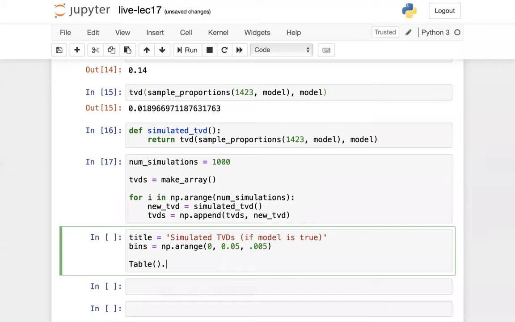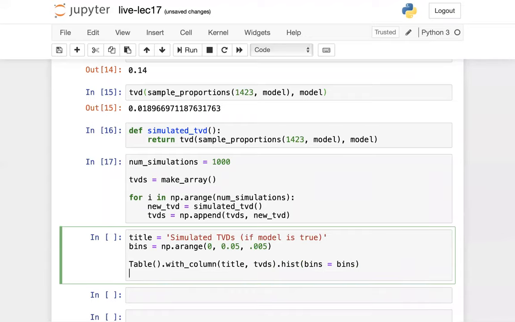In order to make a histogram, we have to first make a table. So I'm just going to make a single table with a single column. The column name is going to be the title, and it's going to contain the TVDs that we simulated. And finally, draw a histogram with bins equal to the bins we just specified. And then just to add the context, we'll also print out the observed TVD, the observed difference of our jury panel from the model.